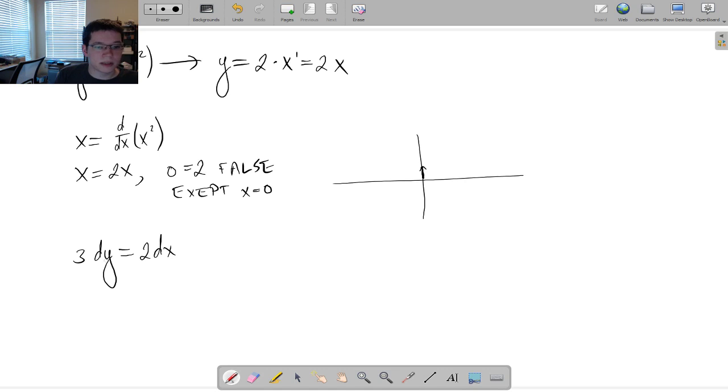This one's probably easiest to do by separation of variables because it's already in that form. So we can integrate both sides. So we integrate, and I do it by notating this whole thing.